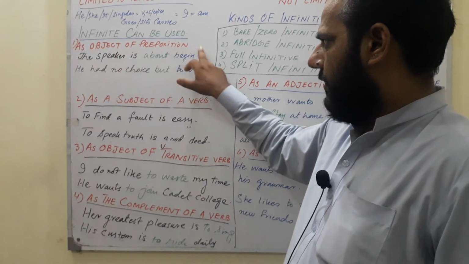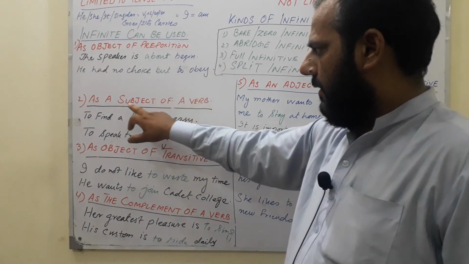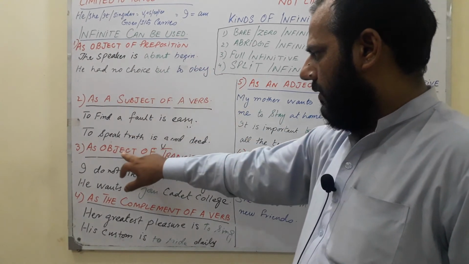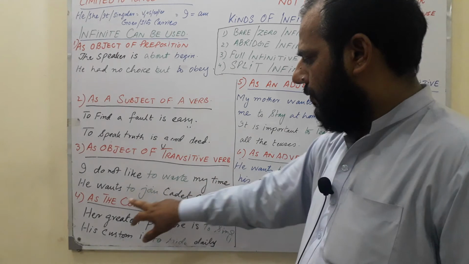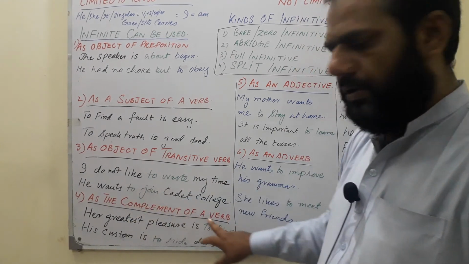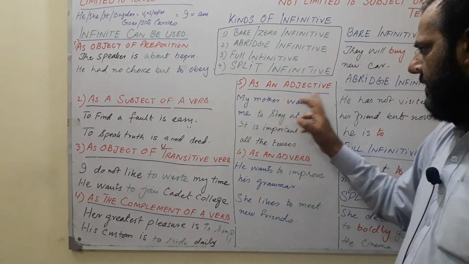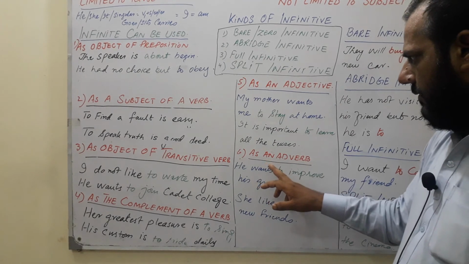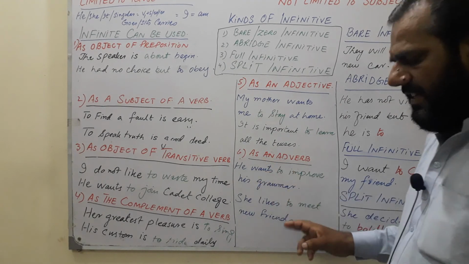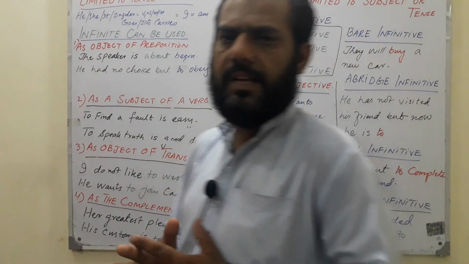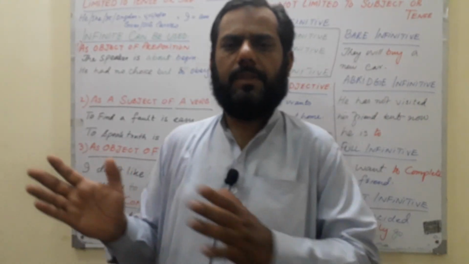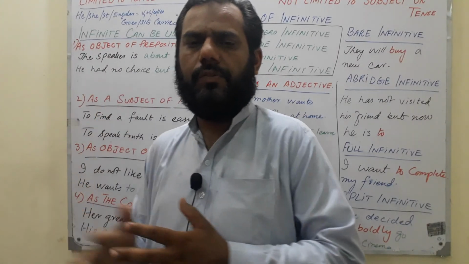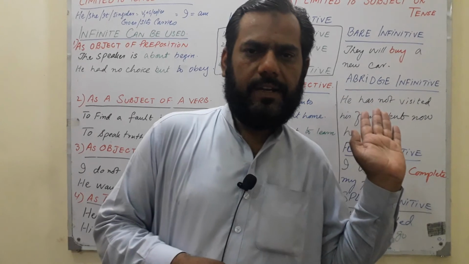First, object of the preposition. Second, subject of a verb. Third, object of a transitive verb. Fourth, complement of a verb. Fifth, as an adjective. And sixth, as an adverb. So these are the six usages of infinitive and the four kinds.